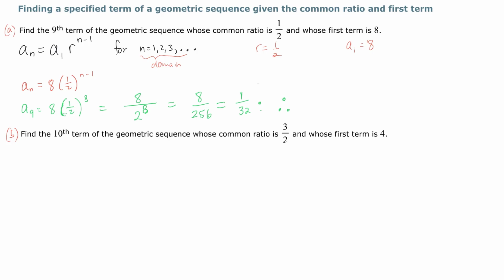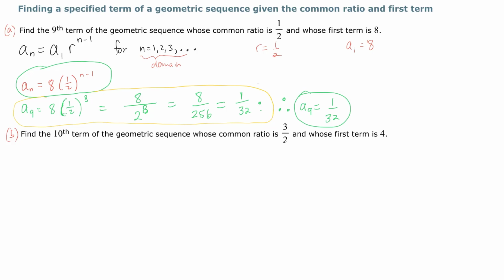Therefore, a sub 9 is equal to 1 over 32. I'm going to circle this as well. You really should write that. Write your function, or write the geometric sequence. Find the ninth term. Oh, I should circle all the work in between. Might as well just circle everything.